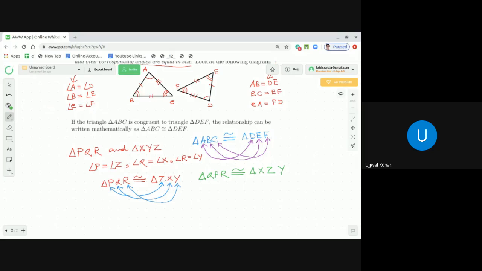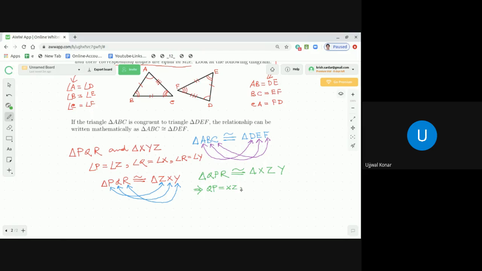Because from here, what you conclude, dear students, the moment you write QPR is congruent to XZY, from here I can conclude not only angles, I can conclude about the different sides also. So from there we can conclude that the length of the side QP is equal to XZ.